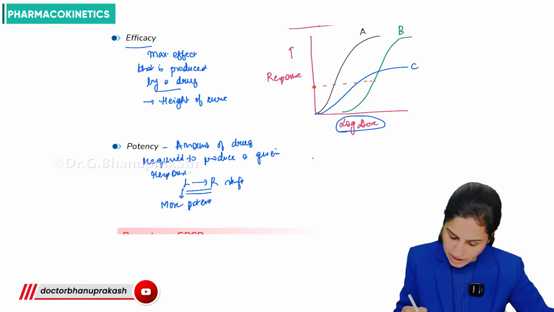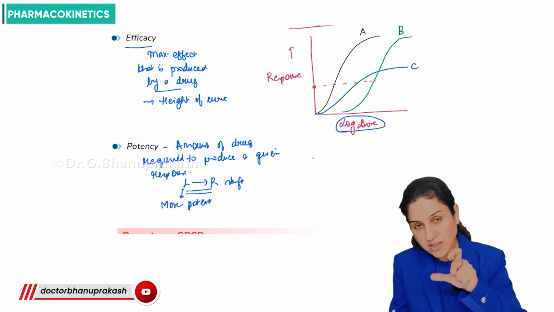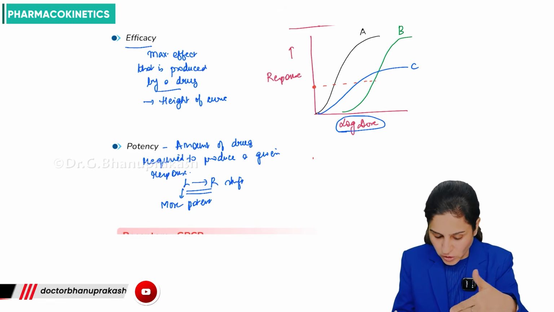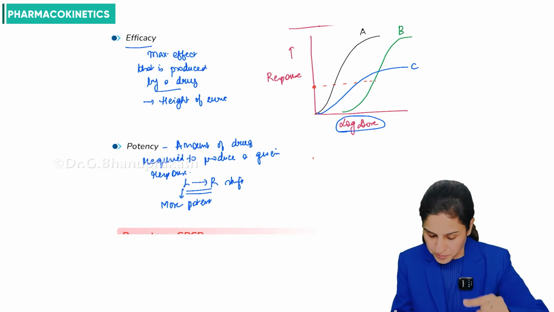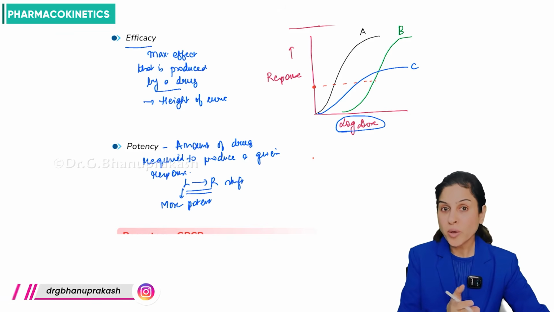So for this particular response which A, B and C have achieved, what is the dose which is required to produce the response? If I comment on potency here, the more left the drug is, the more potent the drug is.